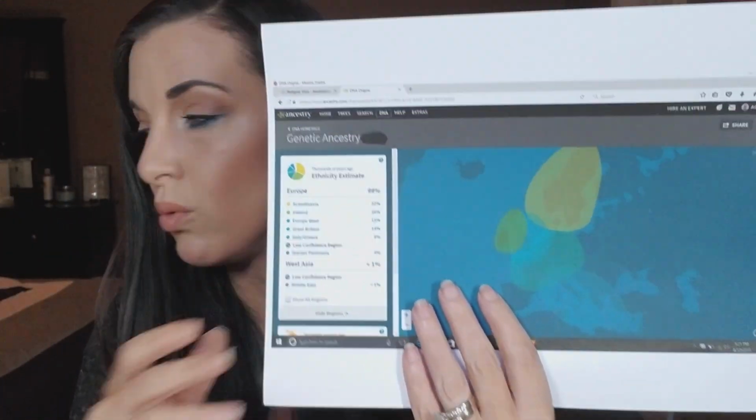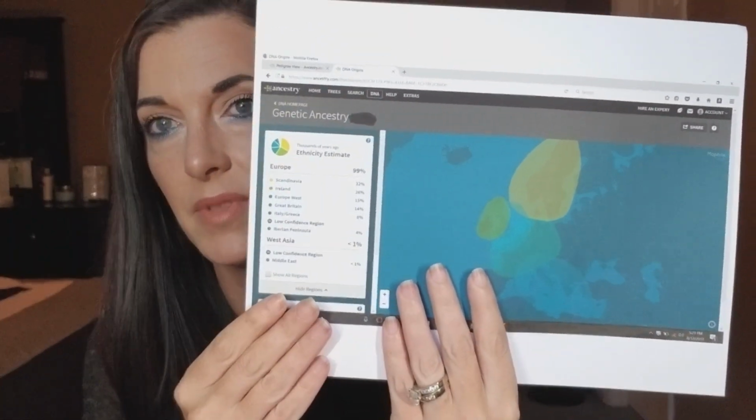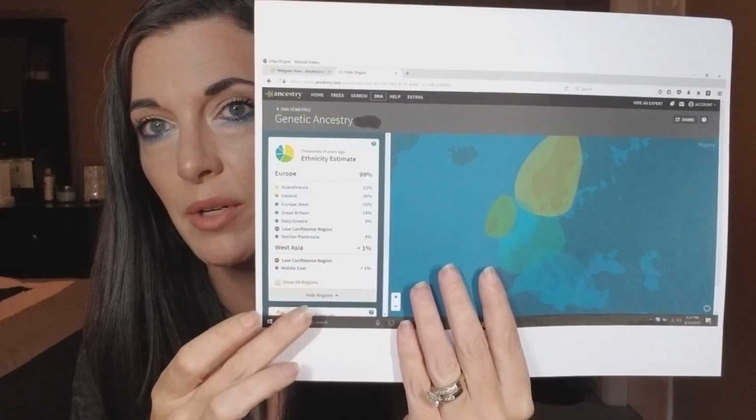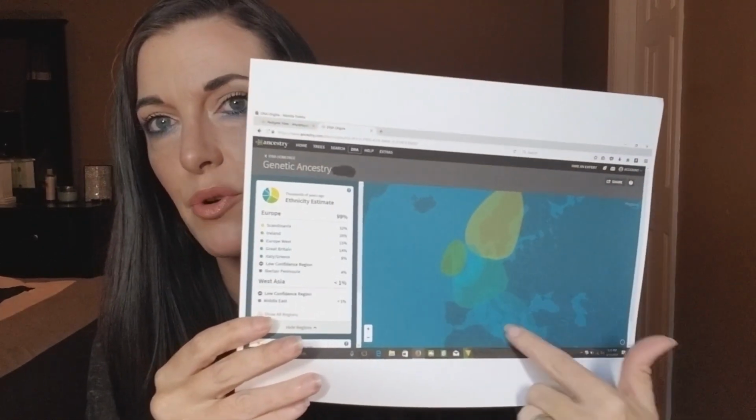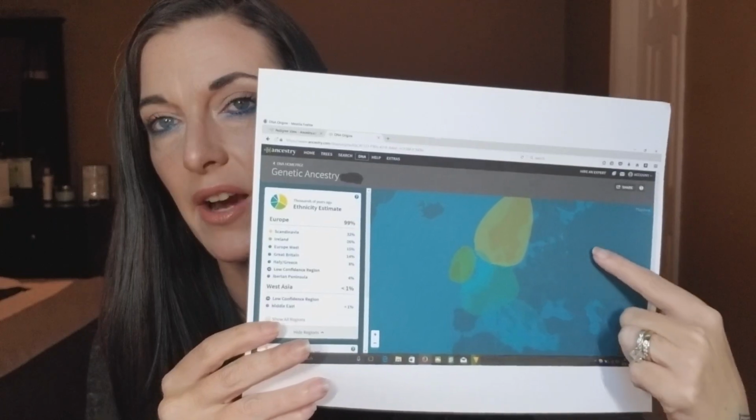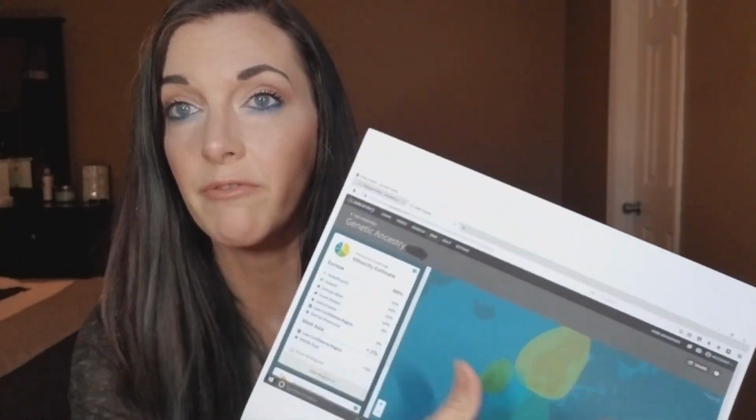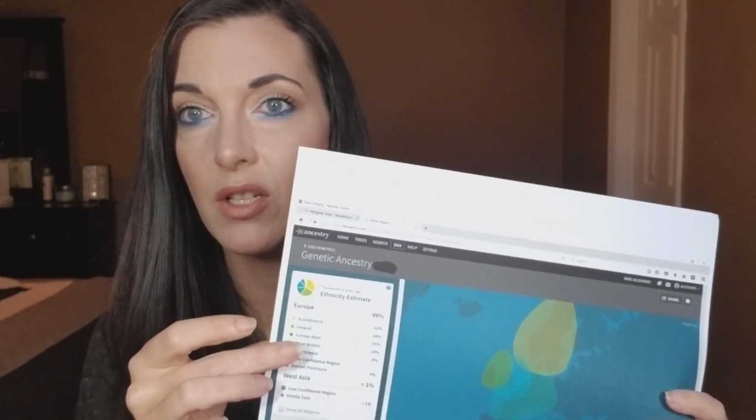When you're on your main screen and you go into the ethnicity area, it'll bring up something like this. It gives you all your percentages and information, and it gives you a map, and it circles the areas in which your information lies. You can also open up each one of these tabs, and it gives you even more information. It tells you the areas those people were found in and historical facts.